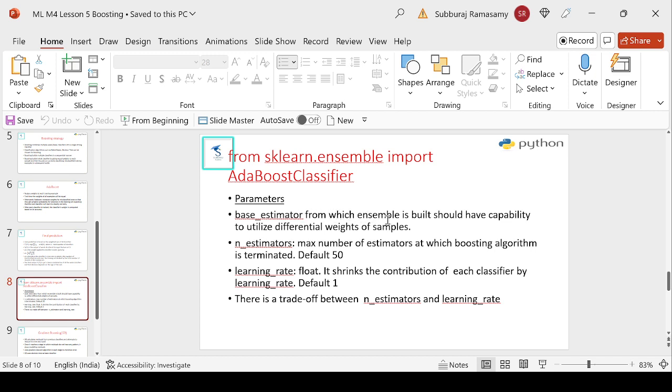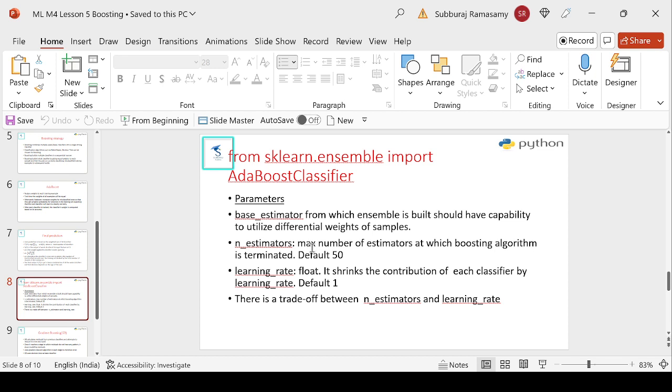All classifiers won't permit giving differential weights to the samples. So the best classifiers suitable for AdaBoost are decision tree and naive Bayes.